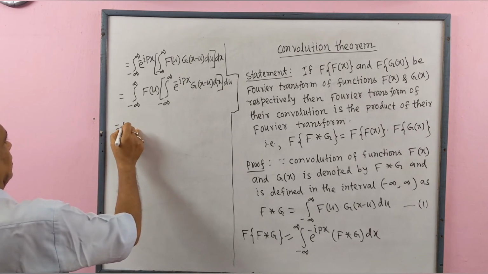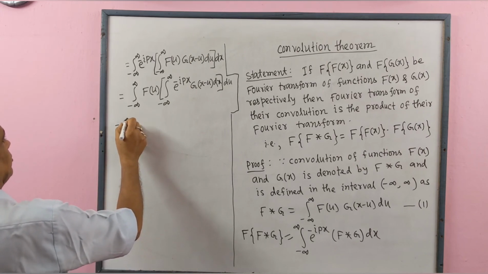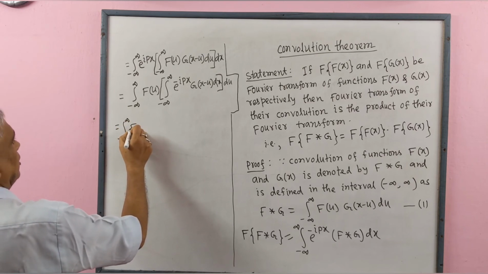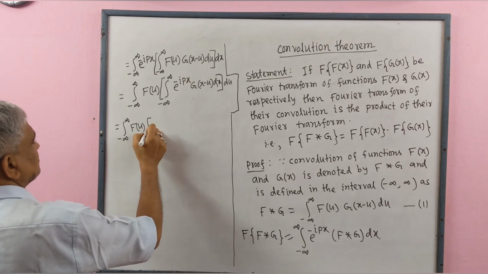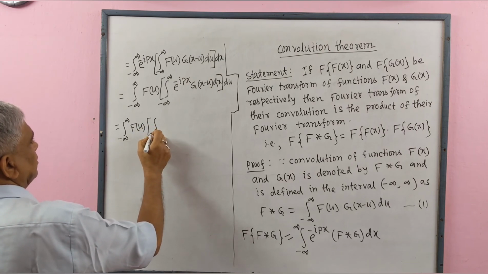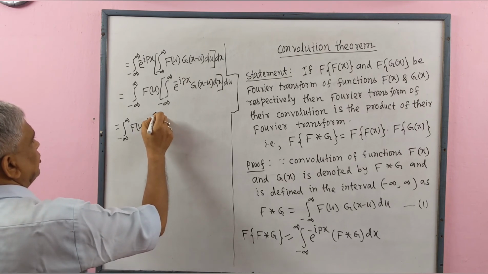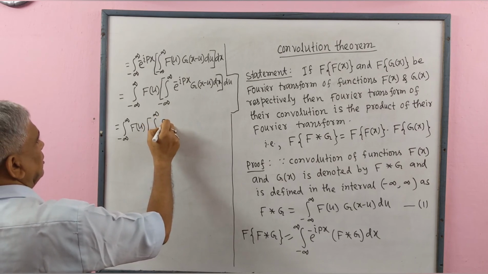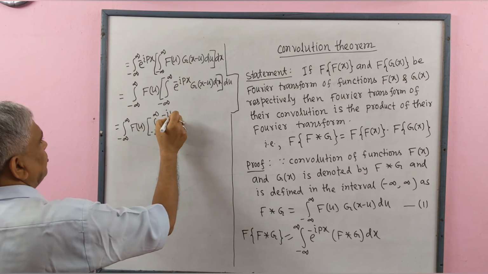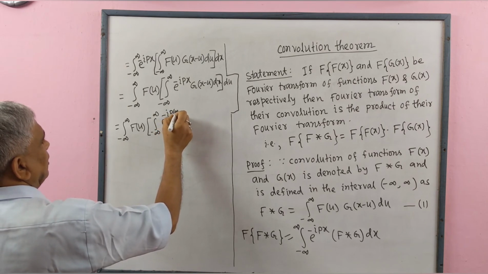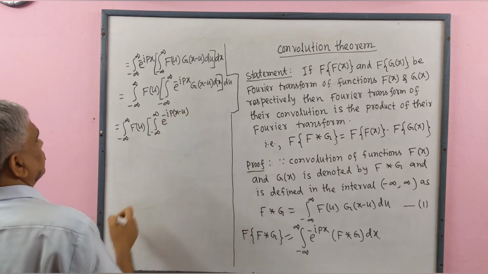Equal to the integration from minus infinity to infinity of f(u), here the integration from minus infinity to infinity of e to the power minus ip, we write x minus u.